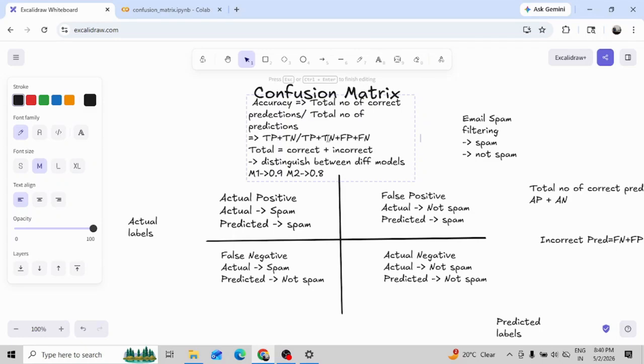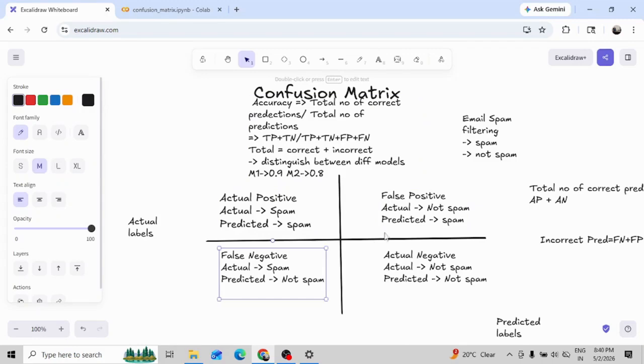First I talked about why accuracy is important, as it helps to distinguish between different models. Next I gave you an example where accuracy may be useful in distinguishing between different models, but we also have to move beyond accuracy and see where the machine is actually failing.